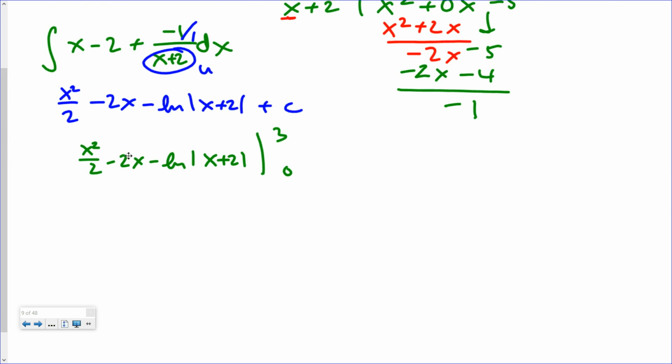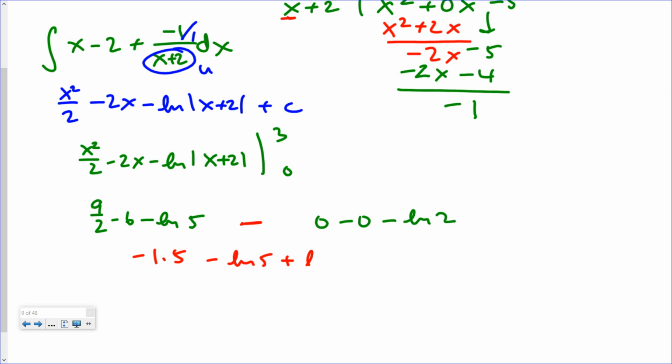Okay, so first you plug in the 3, that's 9 over 2 minus 6 minus ln of 5, right? Then you plug in the 0, that's 0 minus ln of 2. Then you slap a minus sign in between. So this becomes 4.5 minus 6 minus 1.5 minus ln of 5 plus ln of 2.